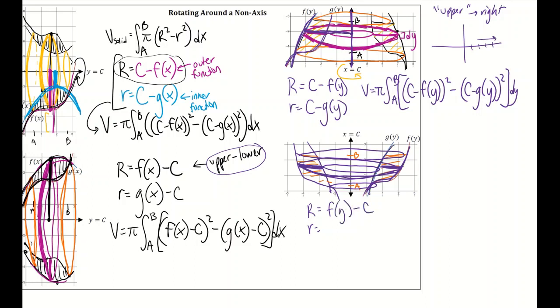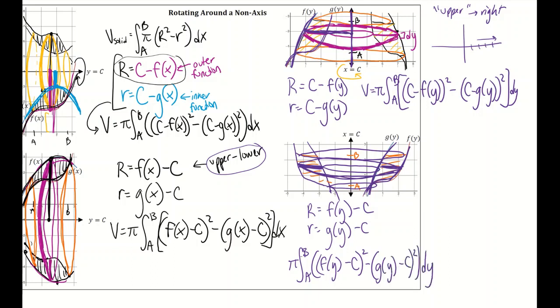And then my inner function is more to the right than c, so g of y minus c. Then pi times the integral from a to b of (f of y minus c) squared minus (g of y minus c) squared dy.